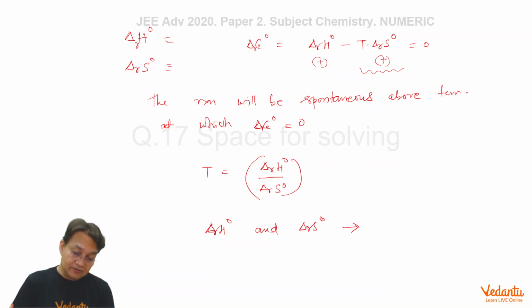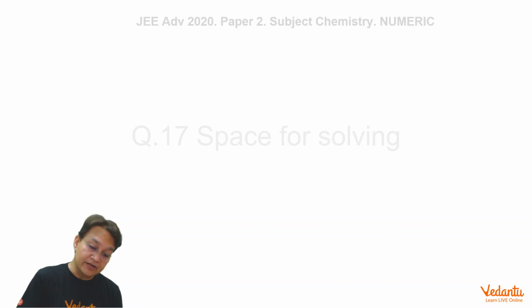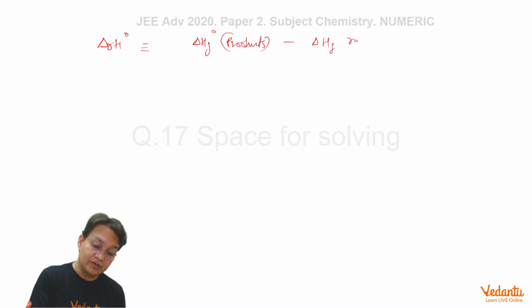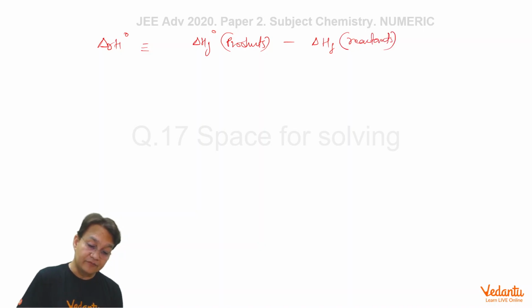So keeping in mind all these things, you also have to take into account from the given data, delta RH naught of reaction, enthalpy change, is equals to enthalpy of formation of products minus enthalpy of formation of reactants. That is the standard formula that we have to use.